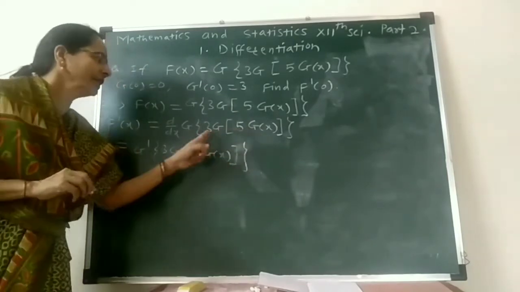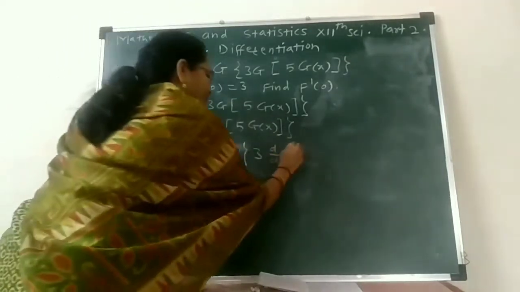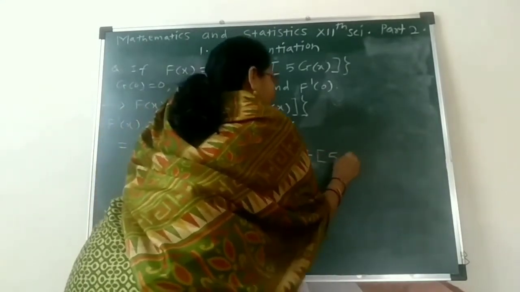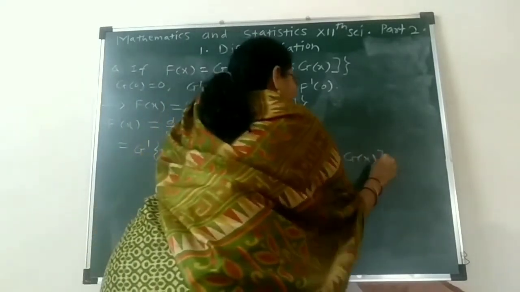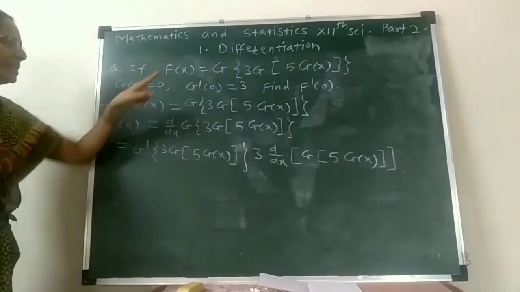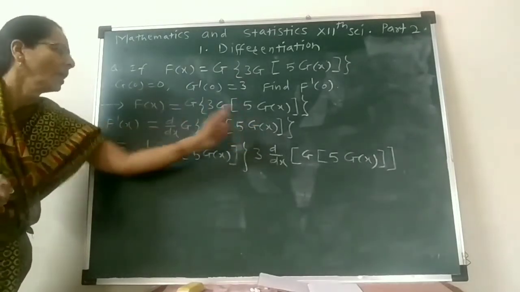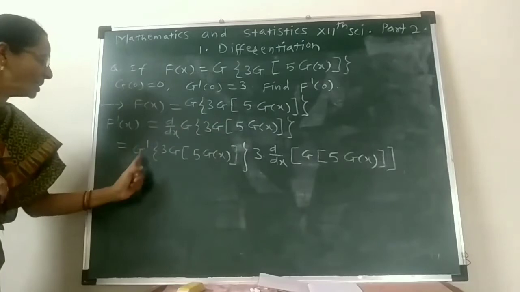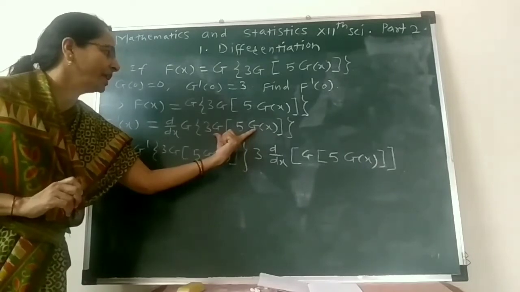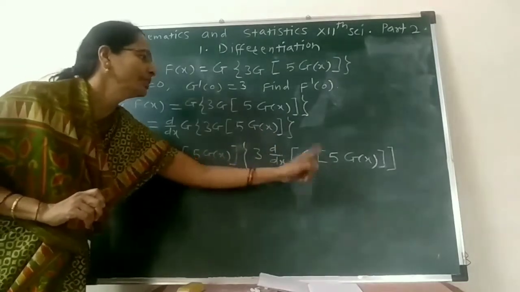While taking this derivative, take 3 outside: 3 d dx of g(5g(x)). f(x) is this term, f dash x is d dx of this term, that means g dash of this term into the derivative of this, but while taking the derivative, the constant is 3, take it outside, derivative of g(5g(x)).